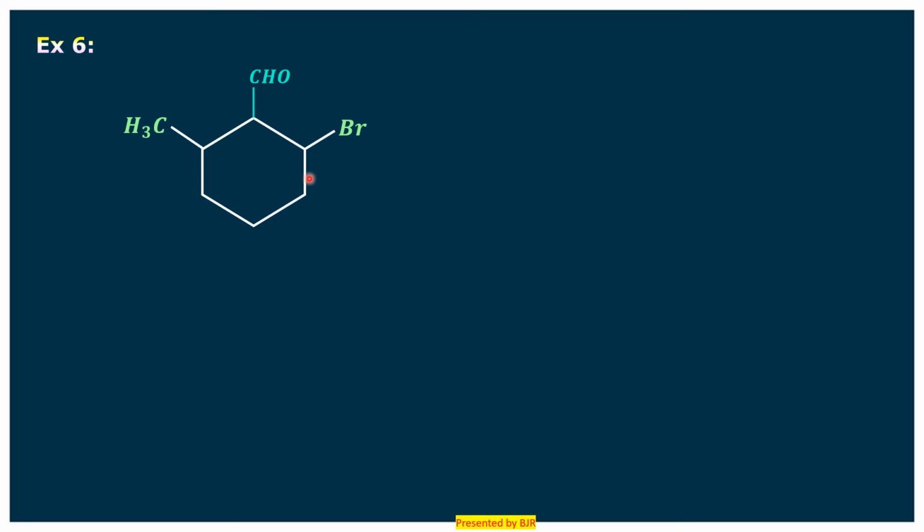Okay, so at that time we have to give the lowest number to the substituent which comes first in alphabetical order. So for that reason I am numbering the ring starting from this carbon in clockwise direction.